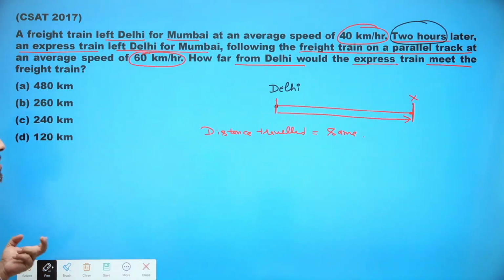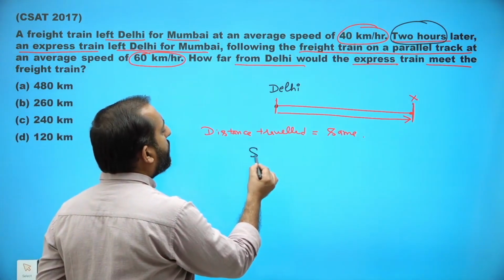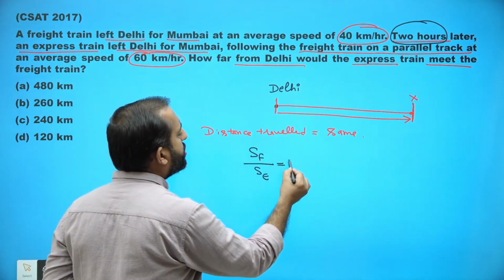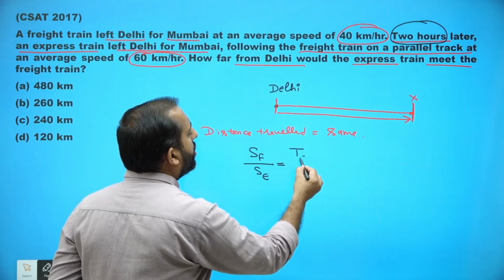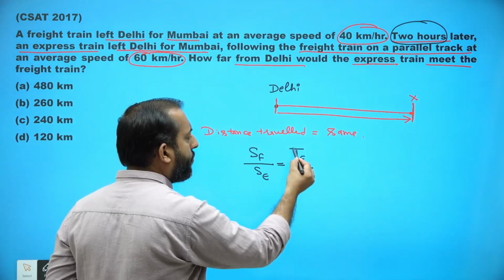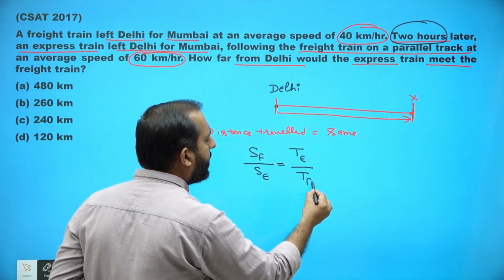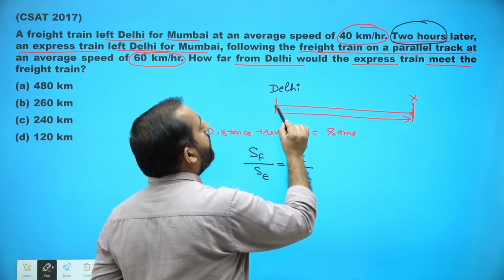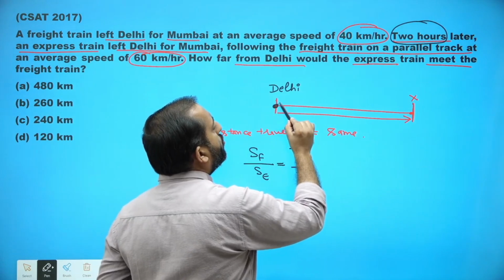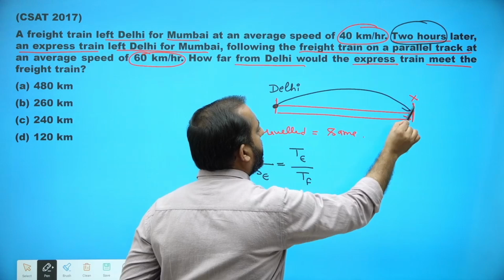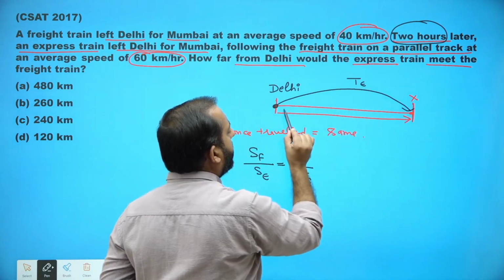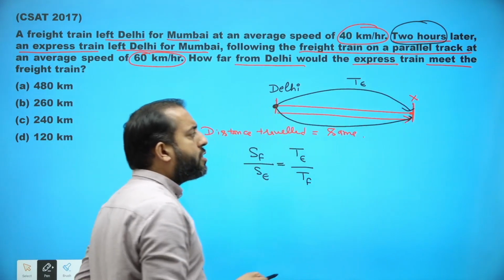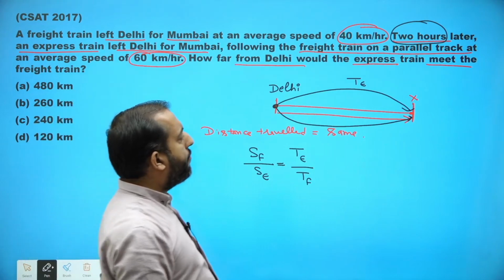Now if distance is the same, then the ratio of speeds, speed of freight train to speed of express train, must be equal to the ratio of times of express train to freight train, where TE is the time taken by the express train to reach this place X from Delhi, and TF is the time taken by the freight train to reach this place X from Delhi.